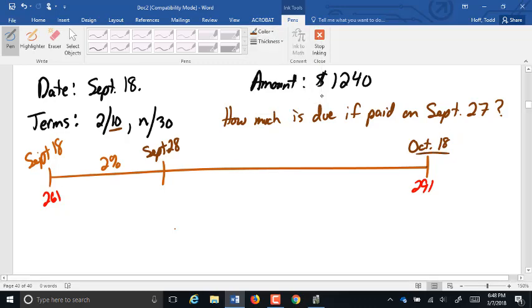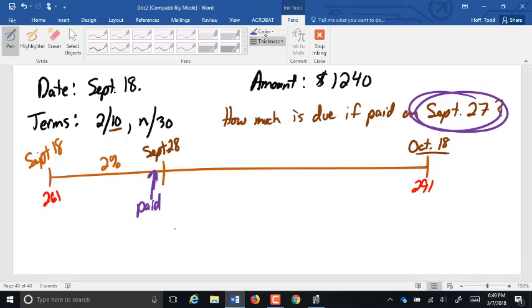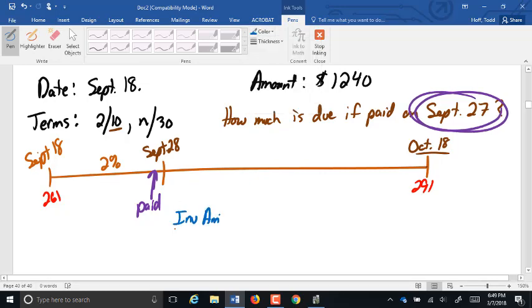Well, this invoice is paid September 27th. Is that within the discount period or not? Yes, it is. That's just within the discount period. So to find the amount paid, remember it is the invoice amount times that complement of the discount equals the amount paid.